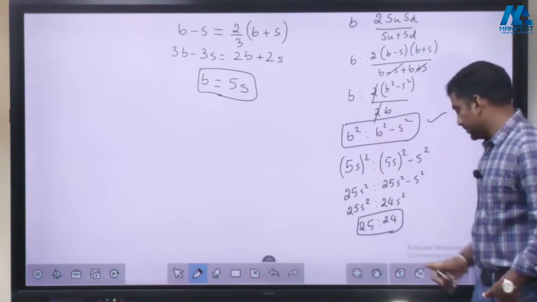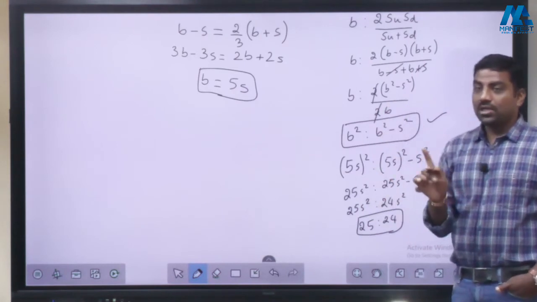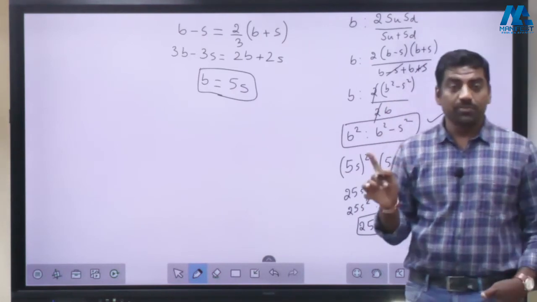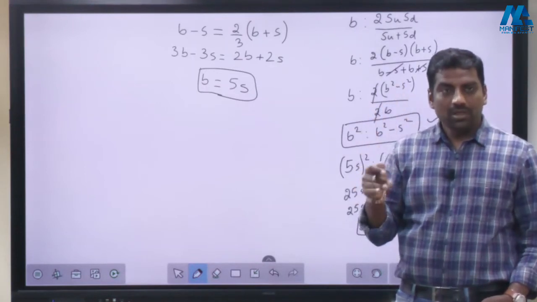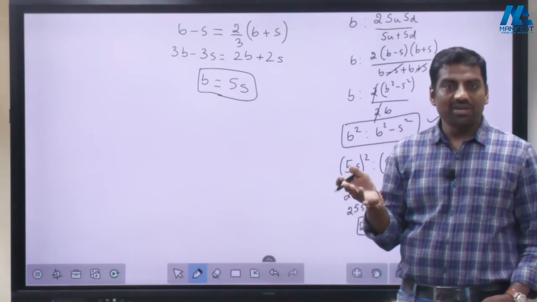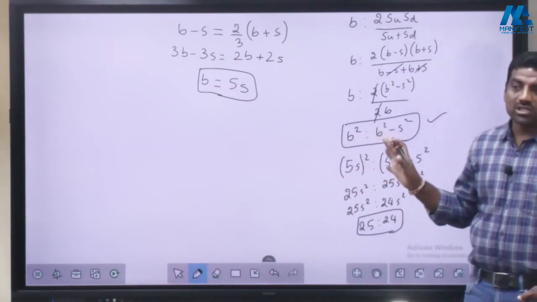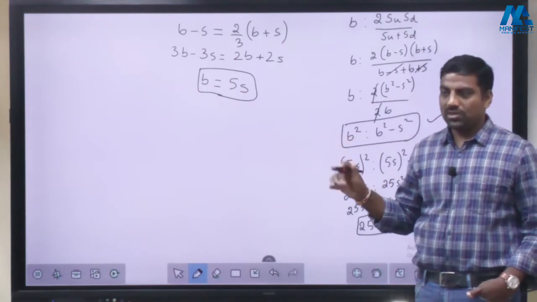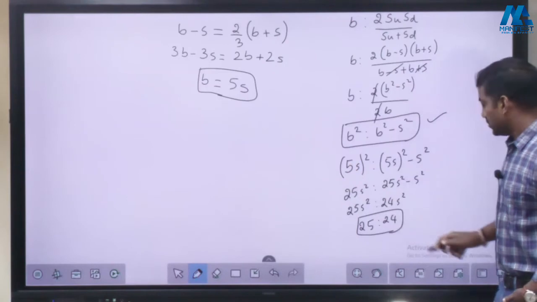Such questions I don't expect, but looking at the question asked in the previous year, that is V, 2V, 3V, 4V, it was also of the same concept, average speed. So we can expect it, but you are not supposed to solve it in the first round. Second round or third round you have to solve. Done?